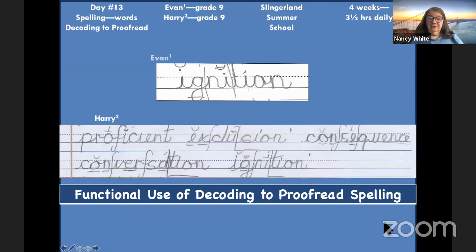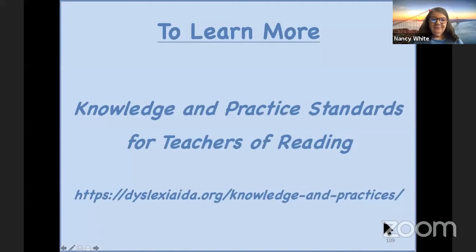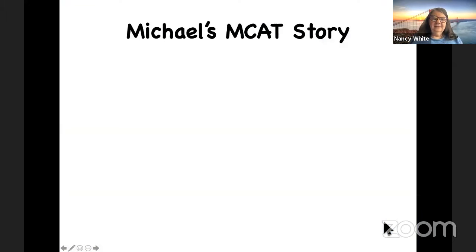And this isn't just functional use of decoding to decode spelling. And it works, and they find mistakes. Know your stuff, know whom you're stuffing, stuff every minute of every lesson. Even if you have technology glitches, do your best, keep going. Knowledge and practice standards.